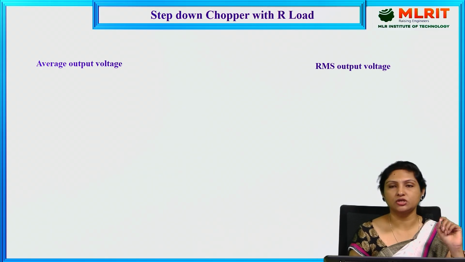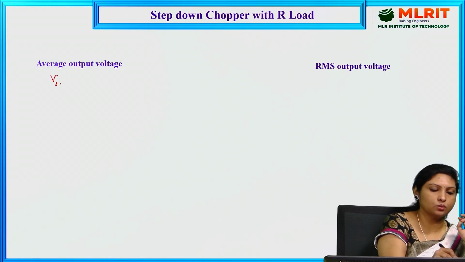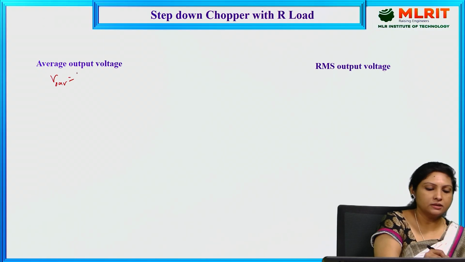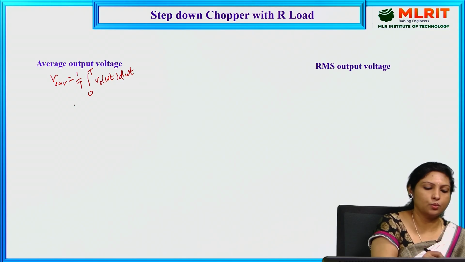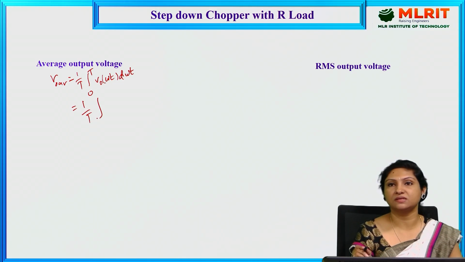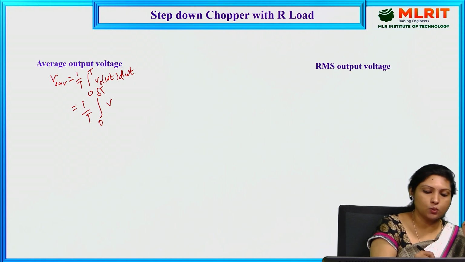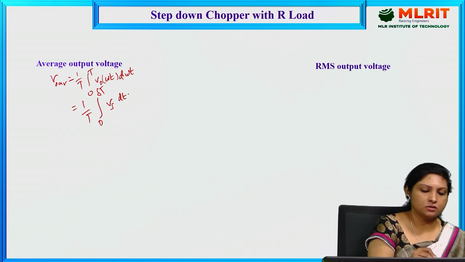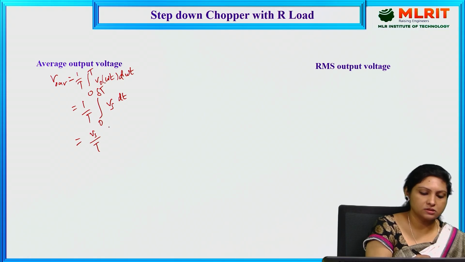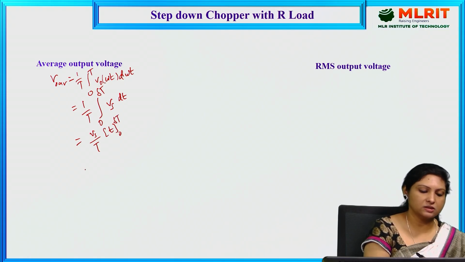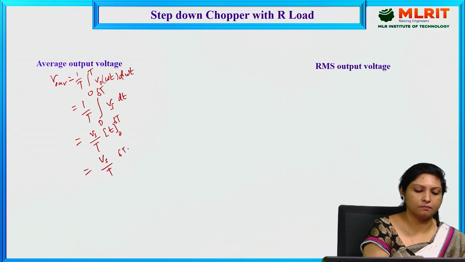Coming to V0 average for this step down chopper with resistive load, the general formula is V0 average equals 1 by T, integral from 0 to T of V0 of omega T d omega T. Previously we have seen the chopper was conducting from 0 to delta T, with magnitude V0 equal to Vs. So here I bring out the constant Vs by T, and integrating dt with limits 0 to delta T, substituting upper limit minus lower limit, we get delta T minus 0.